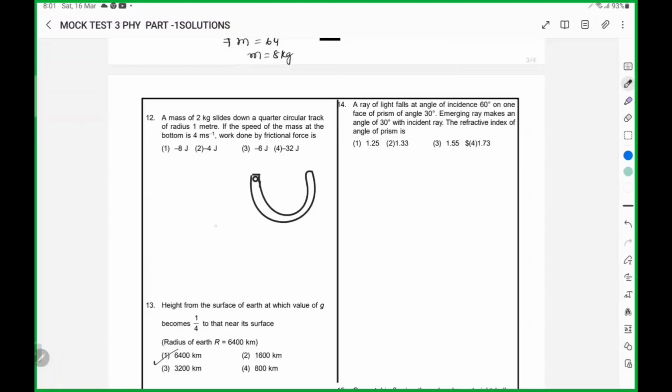So here, if you take this as a reference line, when the mass of 2 kg is here, the circular track radius is given as 1 meter.